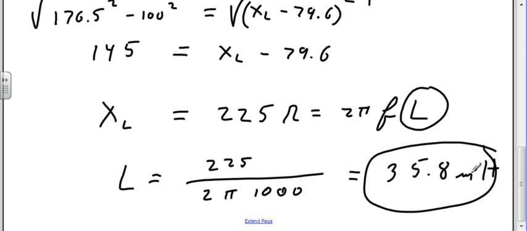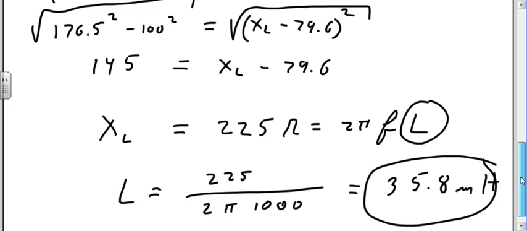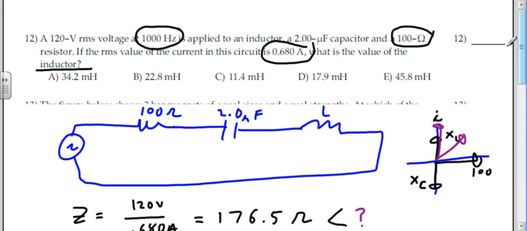Ta-da! Did I do anything wrong? Perfect, right? I go up to the top and it says 34.2, 22.8, 11.4, 17.9, and 45.8. Ooh, I got a 35.8. Interesting. All right, so what am I going to do?